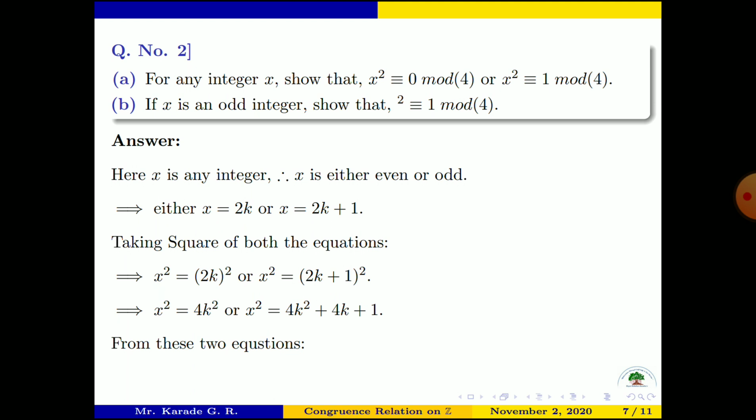Therefore the left hand side x square minus 1 is also divisible by 4, and therefore by the congruence relation we can write x square is congruent to 1 mod 4. So we have x square is congruent to 0 mod 4, or x square is congruent to 1 mod 4. That is very simple.